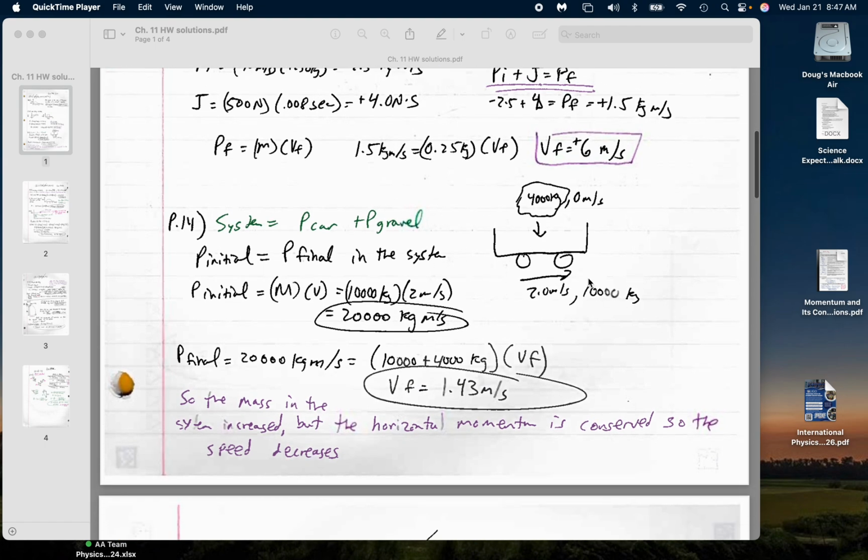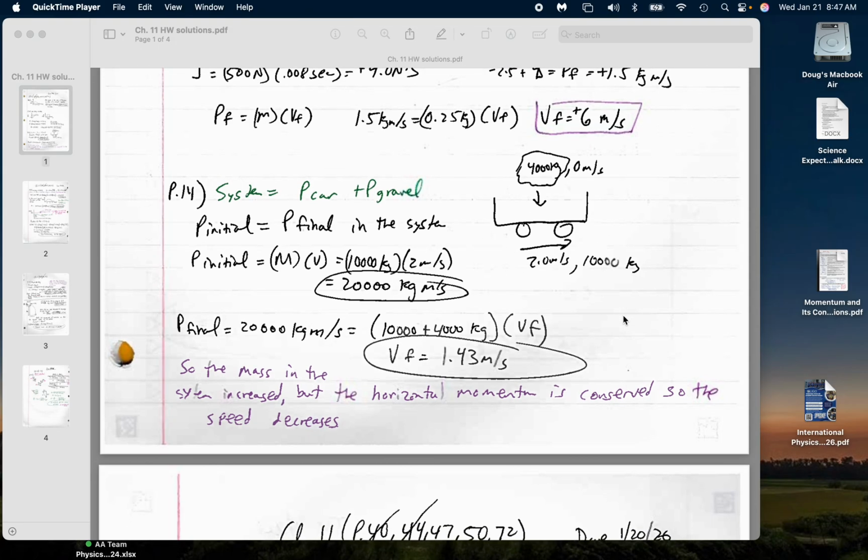P14, this is an interesting one because the mass changes and therefore the velocity changes despite the fact that the momentum stays the same. Why does the momentum stay the same even when there's a collision or interaction? Because this 4,000 kilogram load is dropped vertically and we're interested in the horizontal momentum. So force at a right angle to that momentum will not cause it to speed up or slow down.